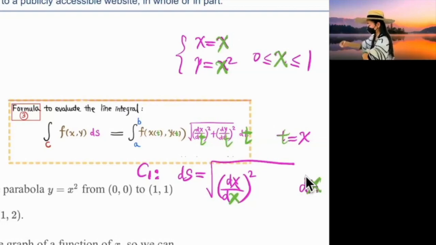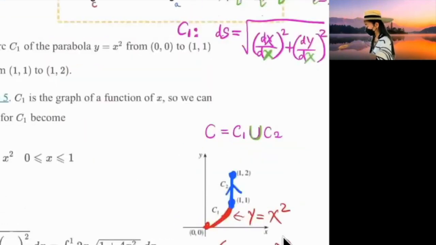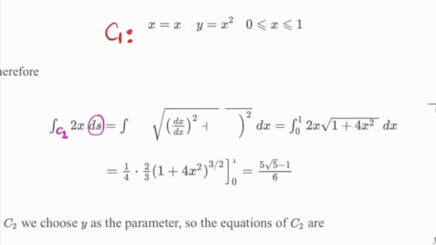So dx/dx squared, plus dy/dx squared. For C1, x is the parameter, so this is exactly what we have here: dx/dx, and then dy/dx squared, and the parameter here is x.